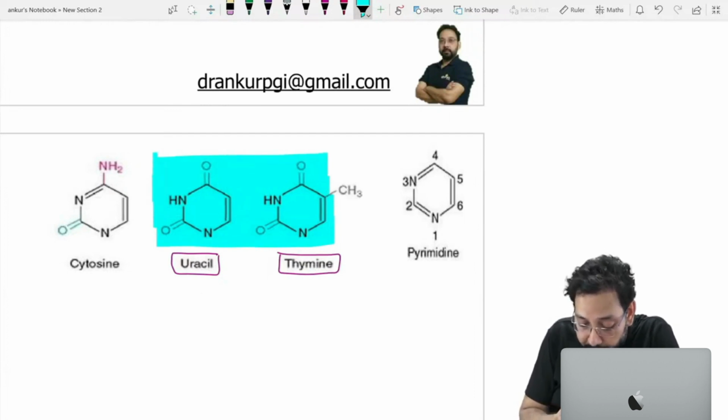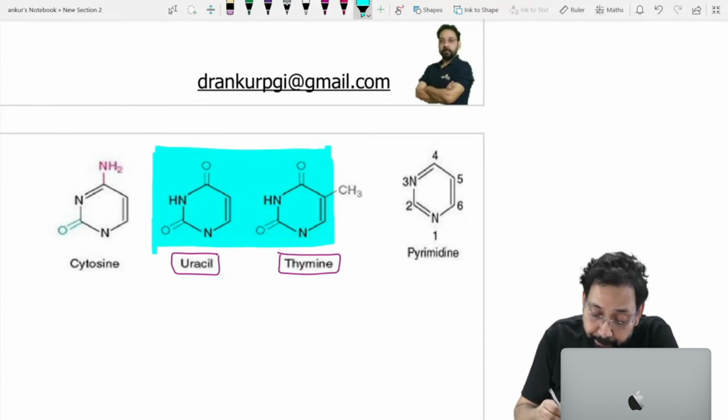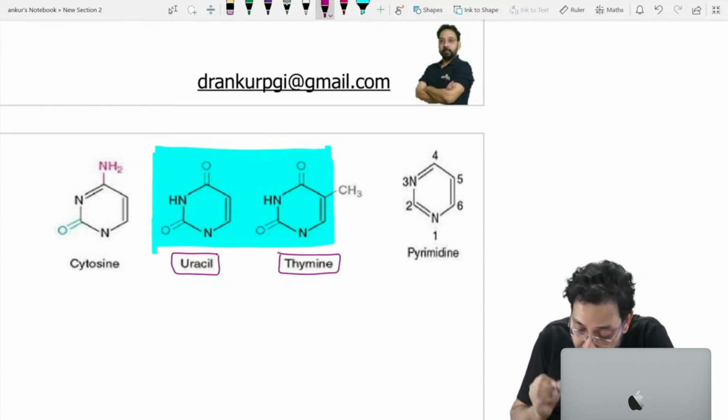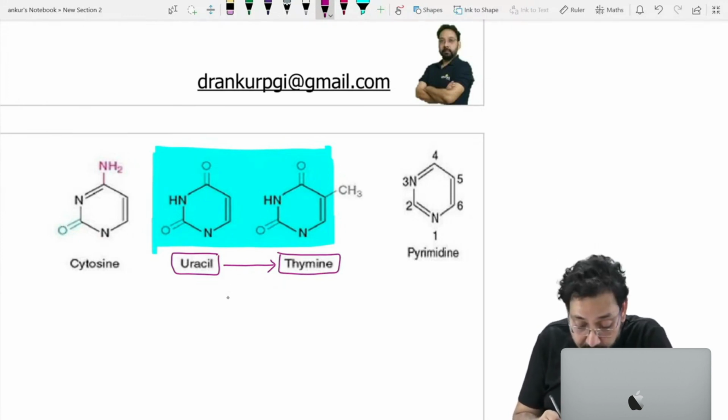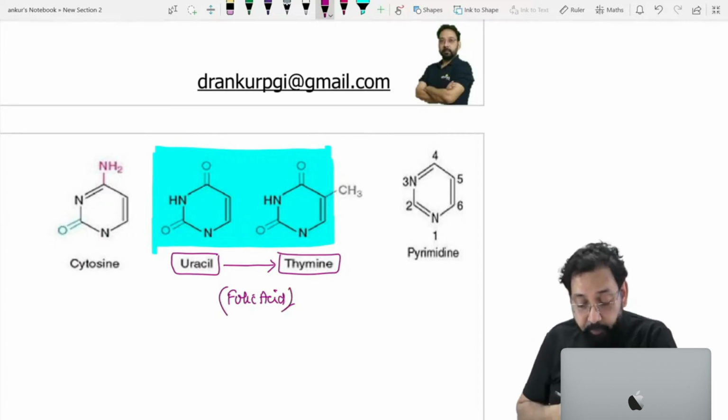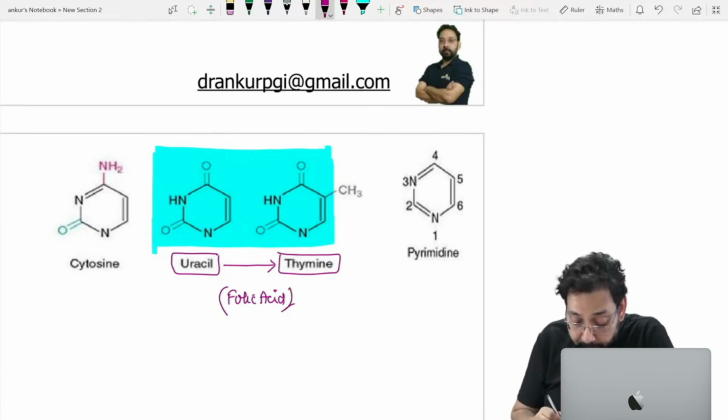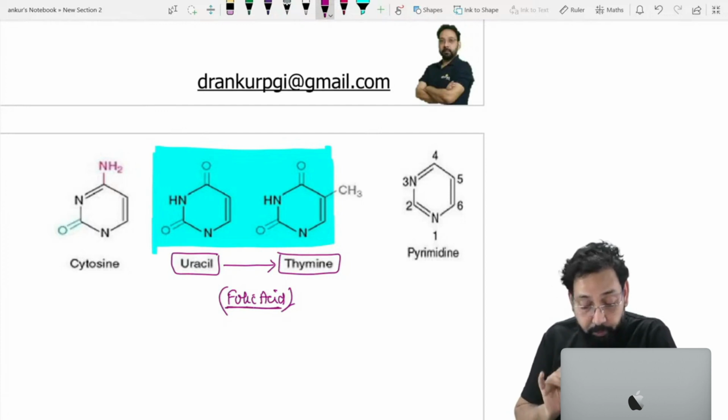The only difference is the methyl group, and the methyl group donor is folic acid. So uracil can be converted to thymine by receiving a methyl group. We found that folic acid gives a methyl group to uracil to become thymine.